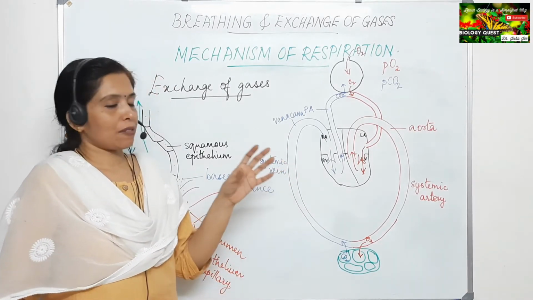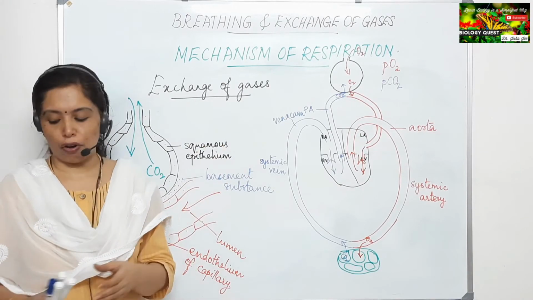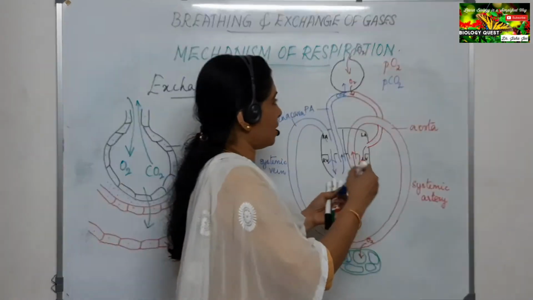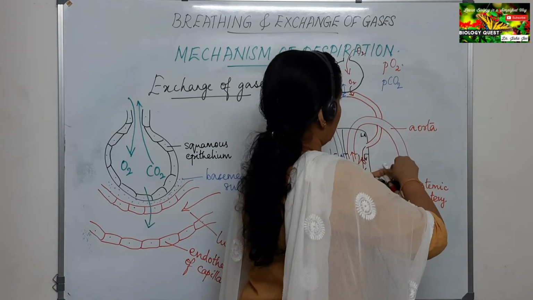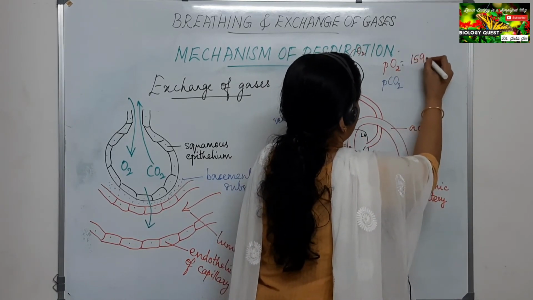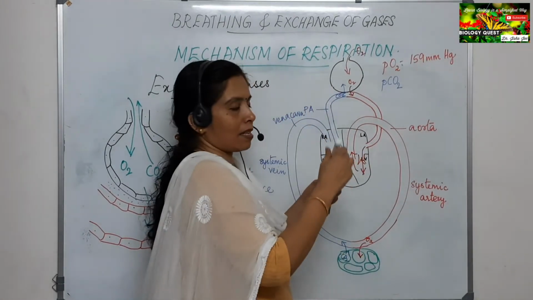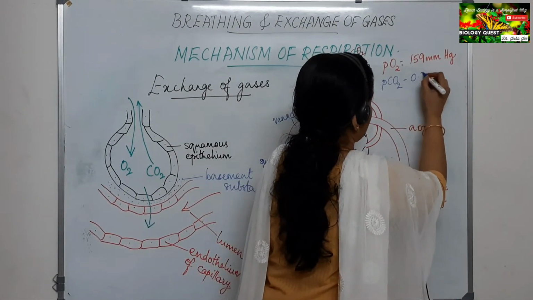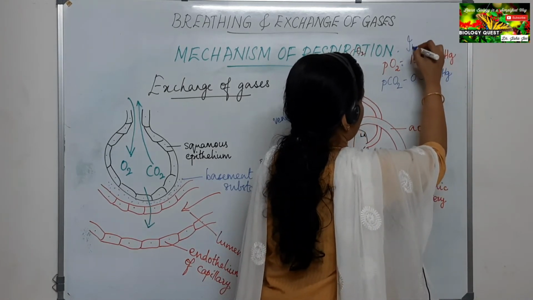So in the inspired air, the partial pressure of oxygen is 159 millimeters mercury, whereas the partial pressure of carbon dioxide is 0.3 millimeters mercury. That is in the case of inspired air.